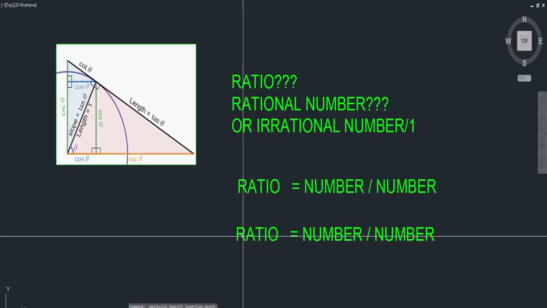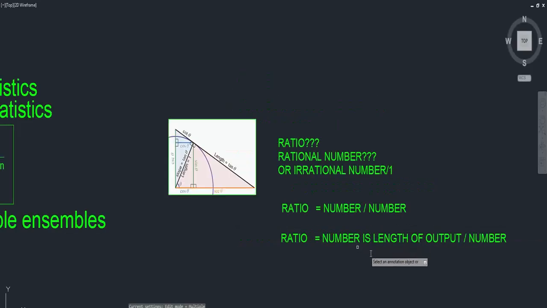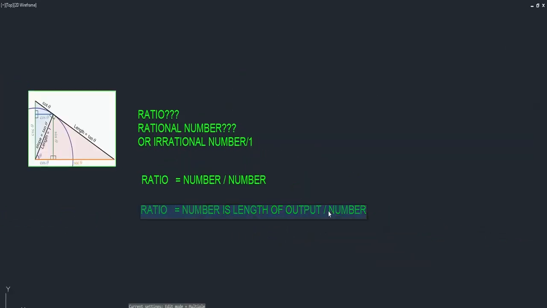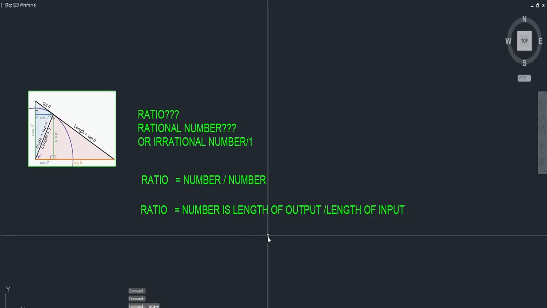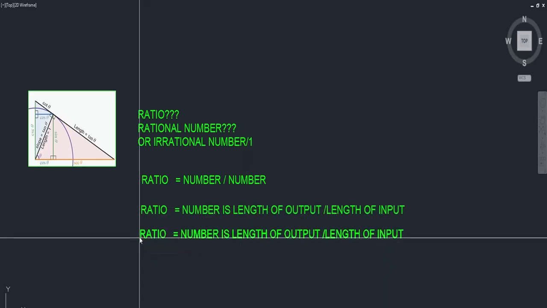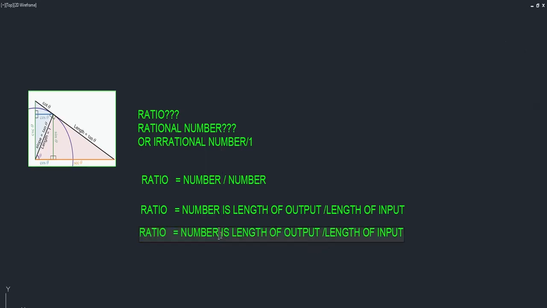But geometrical statistics considers the numerator as the length of output and the denominator as the length of input. The denominator is the length of input, but the lengths are numbers. These numbers are hiding the reality. The reality of the non-commutative world is hidden through the numbers.